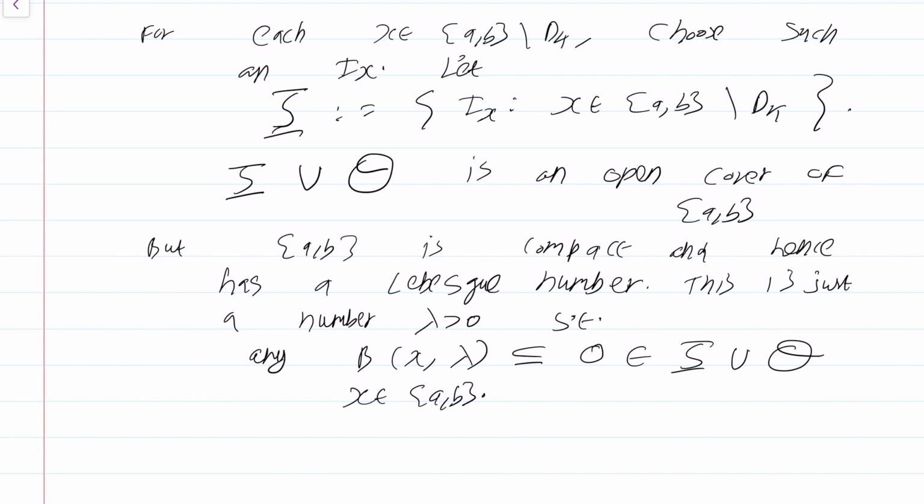A Lebesgue number is just a number lambda such that if you take the ball of radius lambda centered at x, where x comes from [a,b], this is going to be contained in one or more of the elements of the open cover. So there will be some O in fancy I union fancy O which contains this. Okay, that's the definition of Lebesgue number.